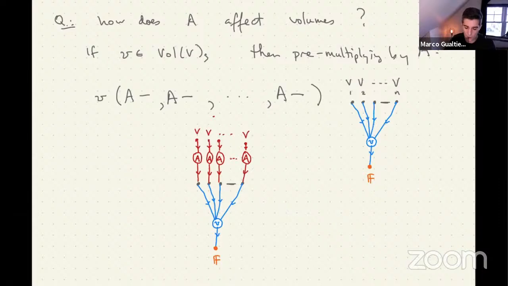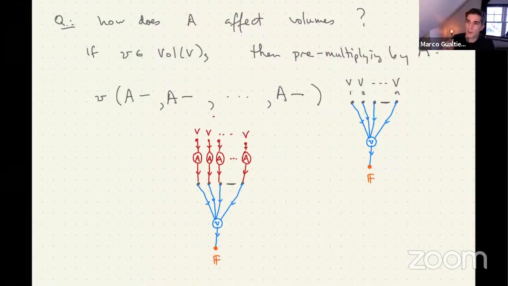You see the idea is that I've taken the volume, which has these n input wires, and I'm putting an adapter into the wires, but I have to put n of them, right? And now I have something of the same shape. I have n inputs and one output in the field.